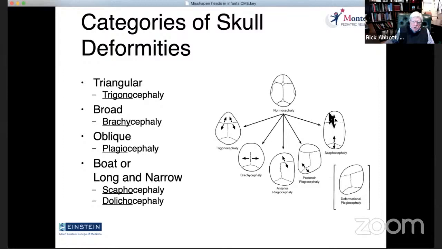And then the boat-shaped head, or scaphocephaly, is due to fusion of the sagittal suture that causes this typical deformity. These are all in contradistinction to the deformational plagiocephaly. So it's quite easy to differentiate the craniosynostosis from the deformational plagiocephaly.